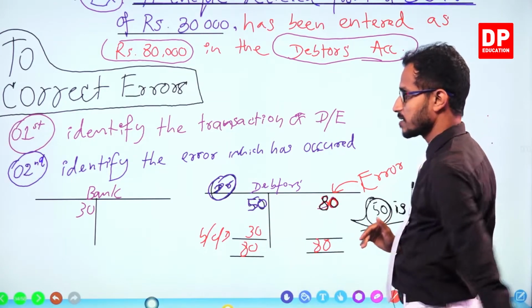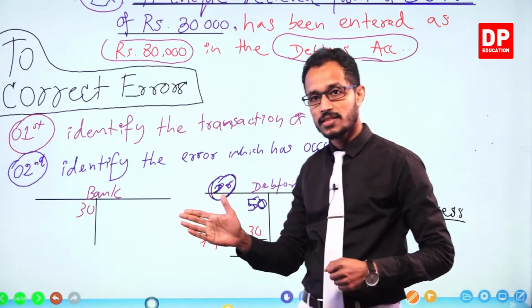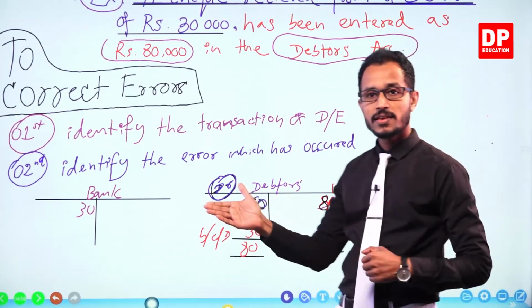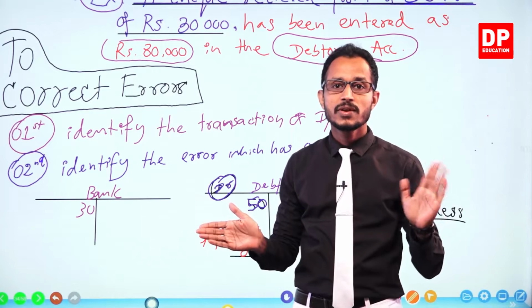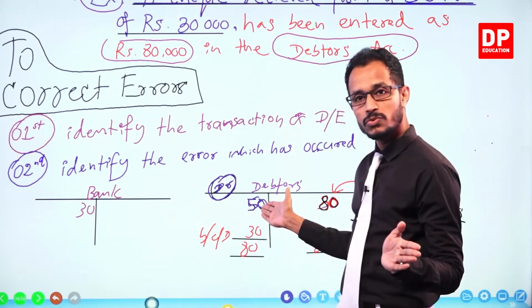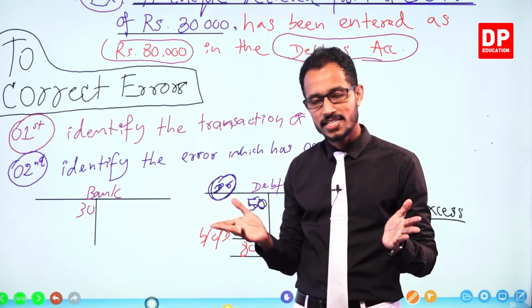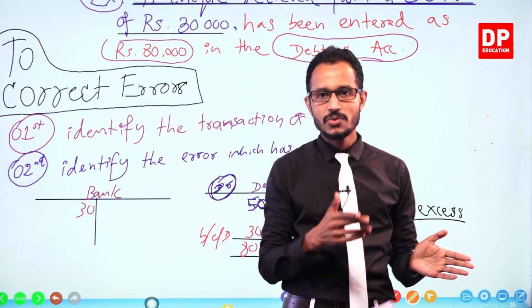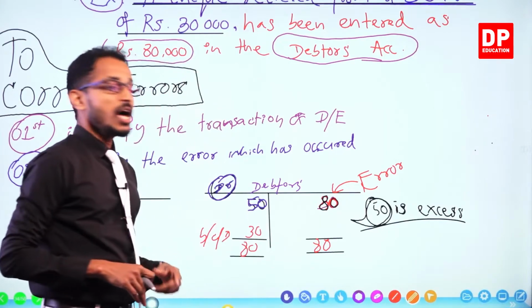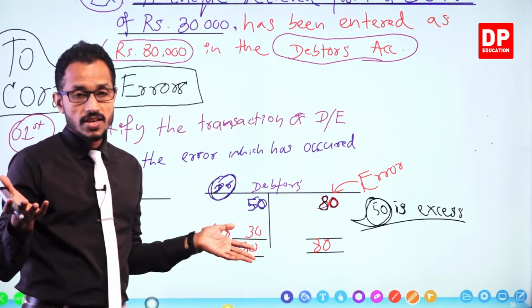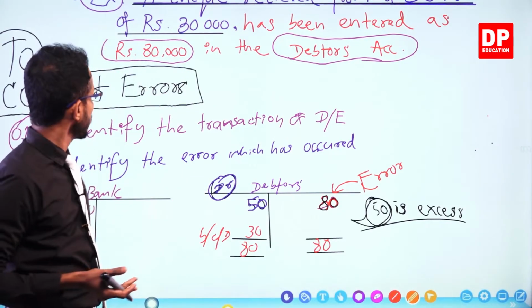Now it is corrected. Debit the debtors account, credit this 50 to suspense account. That is the account which should be credited. Suspense account credit. That is how you correct this type of error, children.